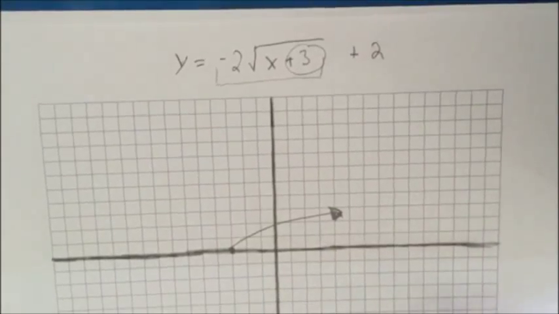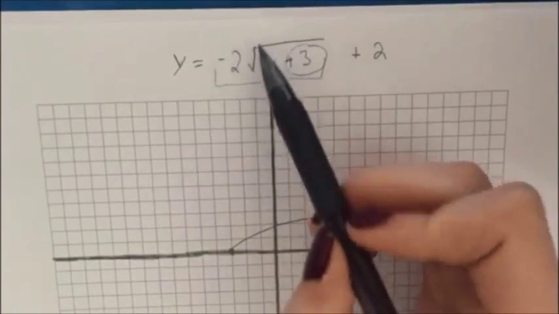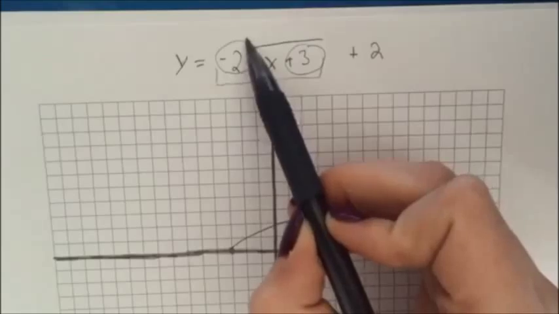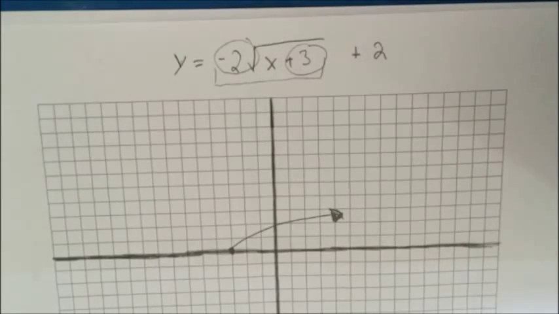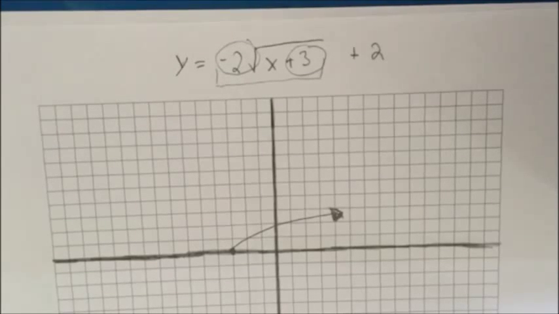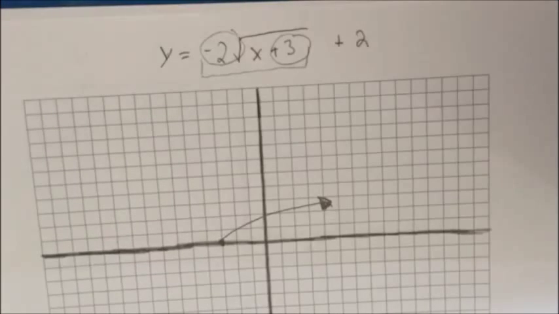The next thing that we will need to do is take into account this part of the equation, which indicates that there is a vertical stretch and a reflection over the x-axis.